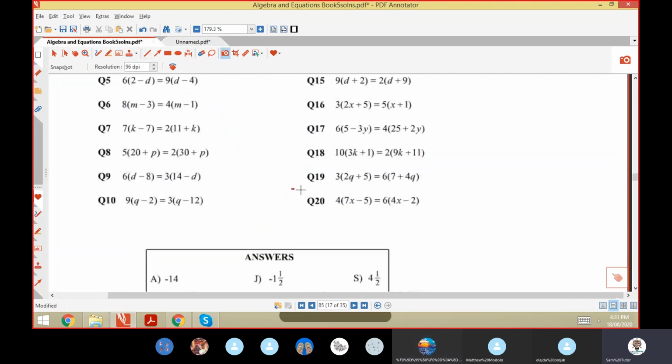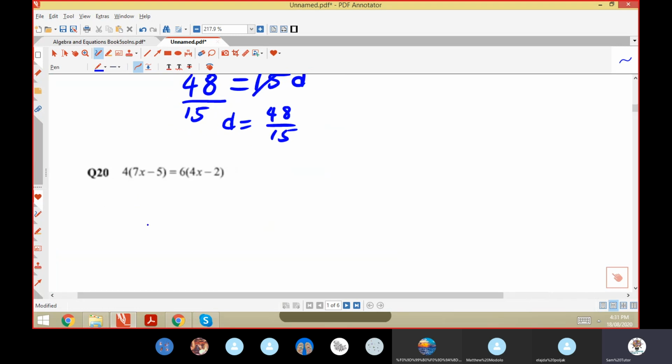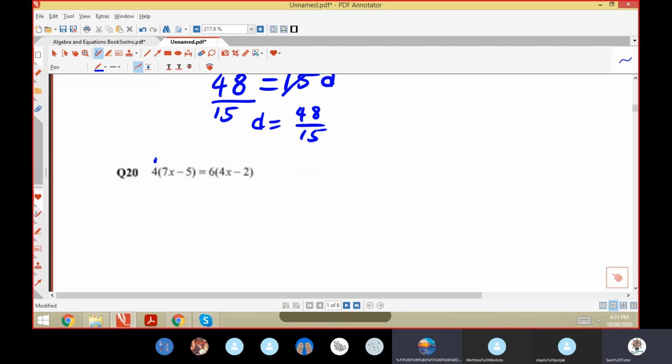Let's try question 20. All right, let's go again. 4 times 7x, 28x. 4 times 5, 20. 6 times 4x, 24x, and then 6 times 2, 12, and then negative 12.